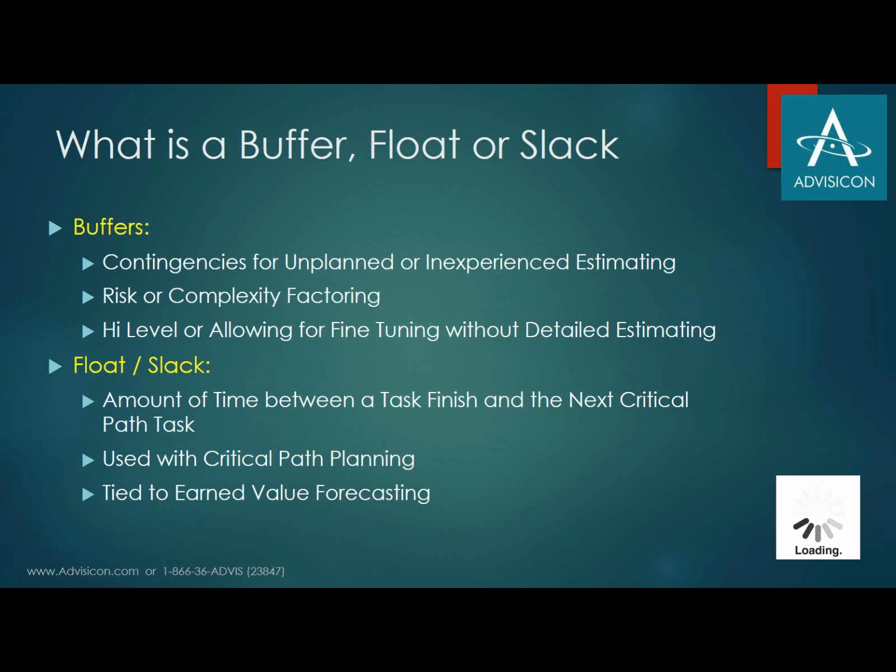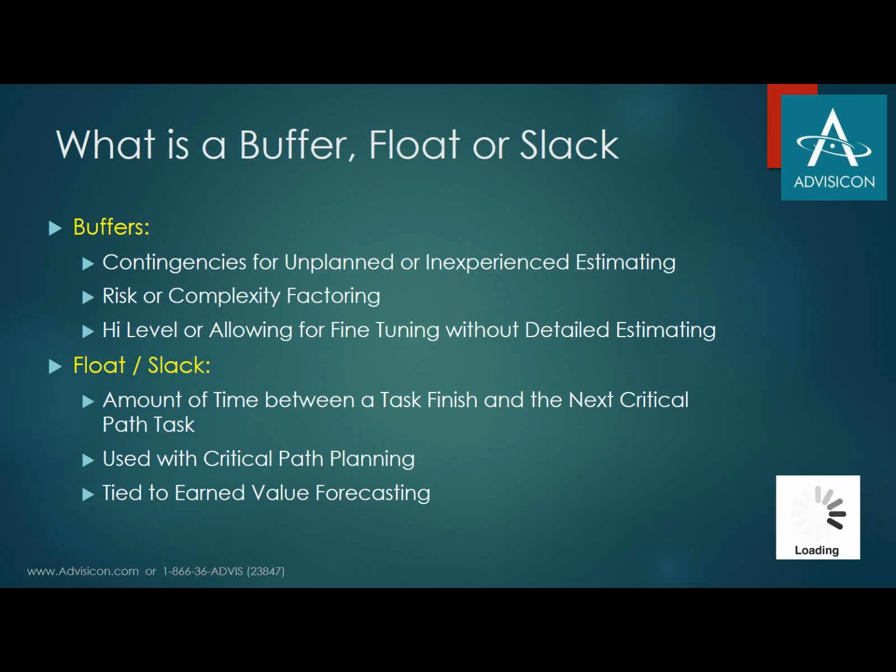And again, if we talk about float and slack in its pure form, usually float or slack is the amount of time that you have between the end of a task, and if you're thinking about critical path, the amount of time that you have before a task goes critical. In many cases, you are all working on a critical path, which means everything is pretty much impacting the end date of the project. So in many organizations, those words buffer, float, slack, how much wiggle room do we have, are kind of munched together.